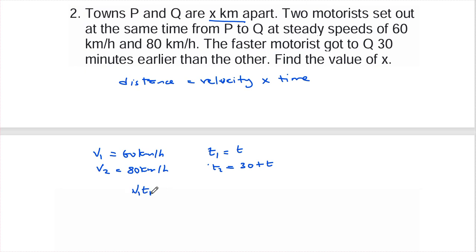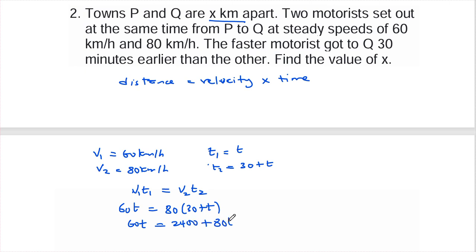And we are now asked to find the value of X. First of all, remember that it's the same distance both of them covered, and distance is velocity times time. So V1 T1, which is the distance covered by this one, is the same thing as the distance covered by the second motorist.